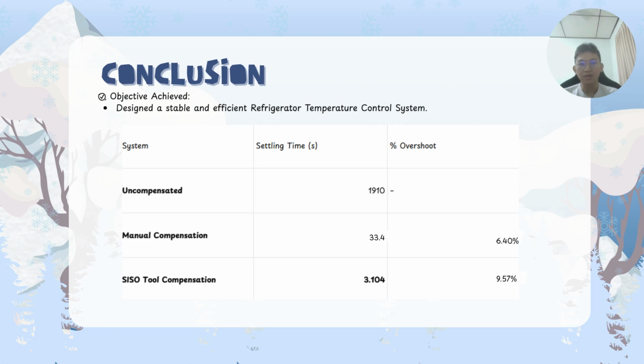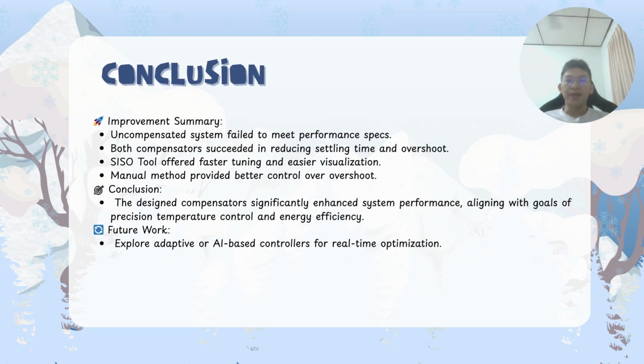The SISO design tool compensated system further optimized the response with a settling time of 31.04 seconds and overshoot of 9.57%. Both methods successfully met the design specifications of settling time less than 35 seconds and overshoot less than 10%, validating the effectiveness of the compensation strategies.